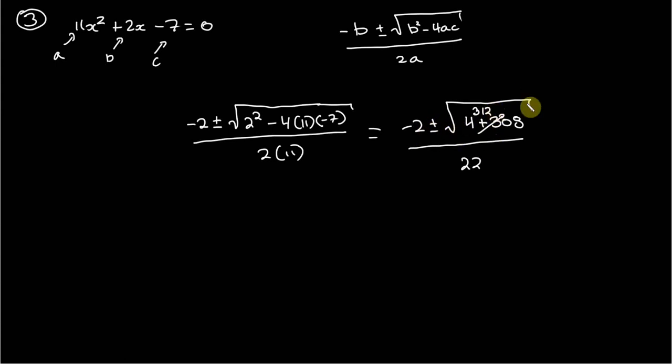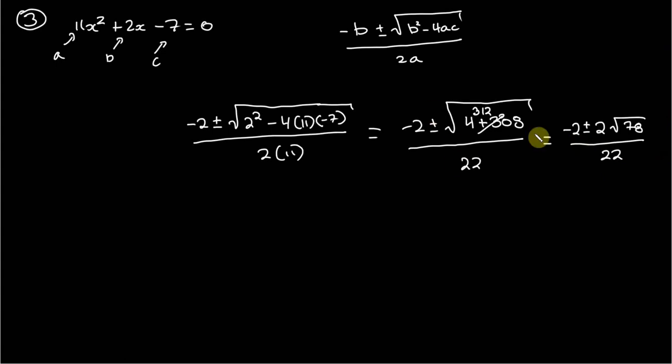And the root of 312, something awkward, is 2 root 78. So we can rewrite this as negative 2 plus minus 2 root 78, all of that over 22.